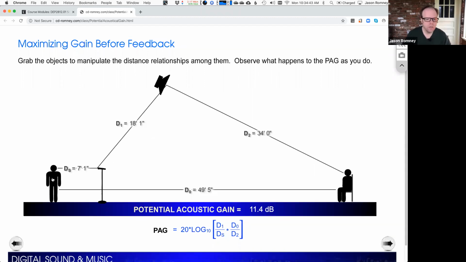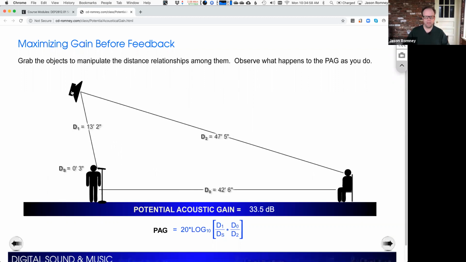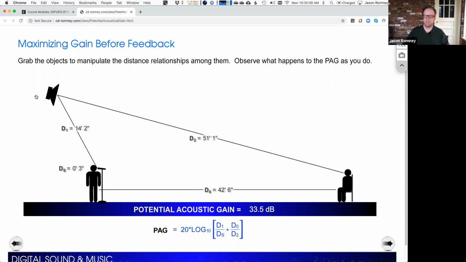Watch this, though. What if I take the talker and bring the talker closer to the mic? If I can get the talker really, really close to that microphone, I can get 39 dB of gain. And even if I bring the loudspeaker back to that spot where it was before, where it's now behind the mic and would be hitting the mic pretty loud, I still have 33 dB of gain.